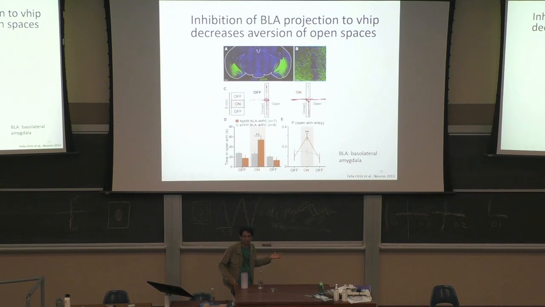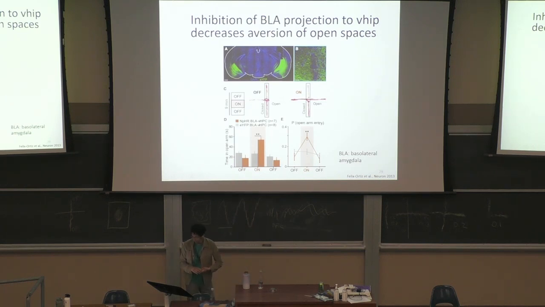The basolateral amygdala is the region that Professor Watson talked about a lot because it has some role in reward-motivated behaviors, but it also has a much more deeply studied role in aversive fear-type behaviors. The basolateral amygdala projects to ventral hippocampus, and that's the projection that was studied here. In the previous study, it was the projection of ventral hippocampus to prefrontal cortex. Here it is the projection from amygdala to ventral hippocampus, so this is an input to the ventral hippocampus.